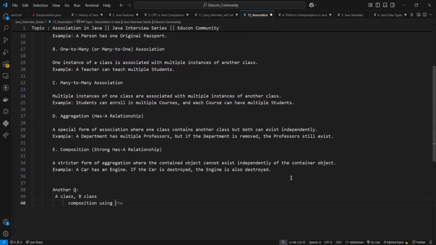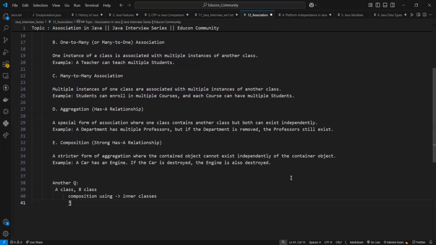Composition basically uses inner classes, and aggregation basically uses a reference variable. That's all.